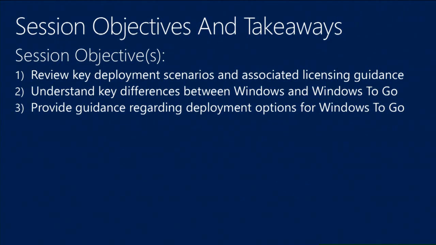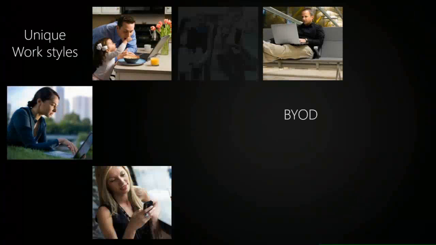The other piece is understanding the key differences between Windows and Windows to Go and how it works. And as we move into one of the updates we'll share with Windows 8.1, they've become even better. So it really has started to become just Windows booting from a USB drive. And then finally here, provide some guidance on deployment options and the capabilities.